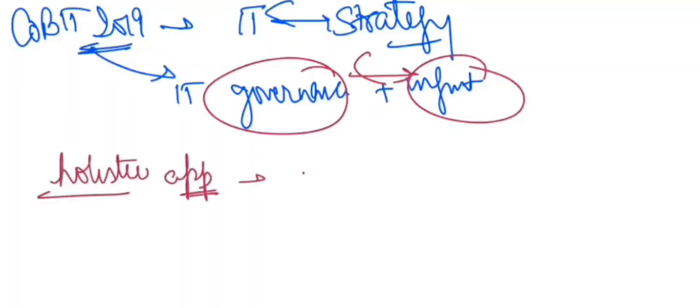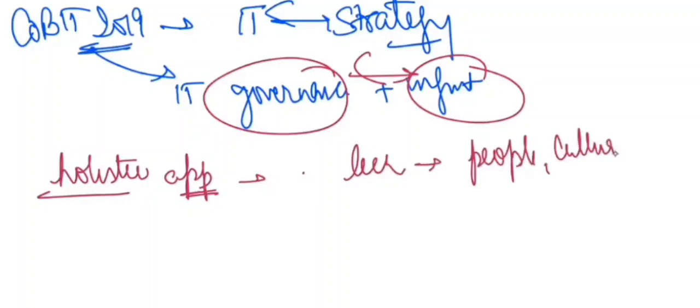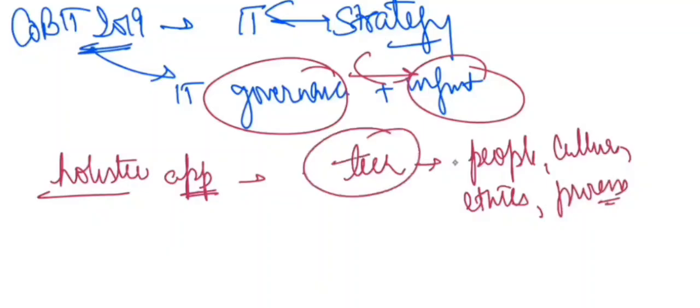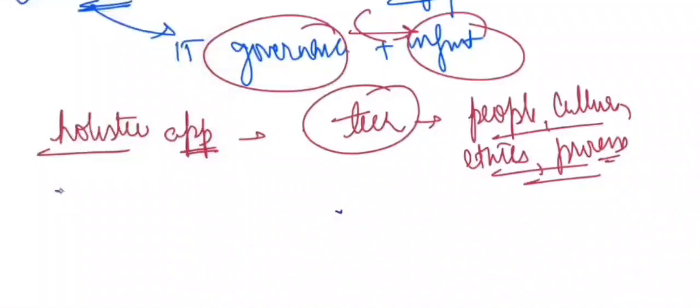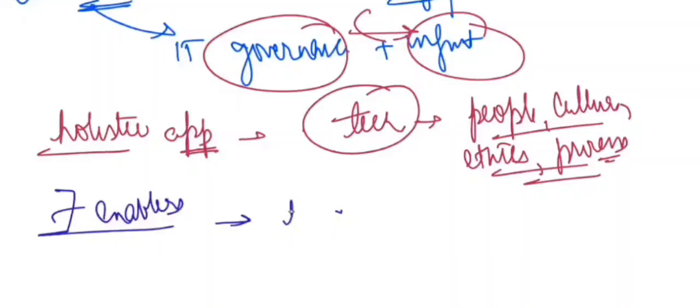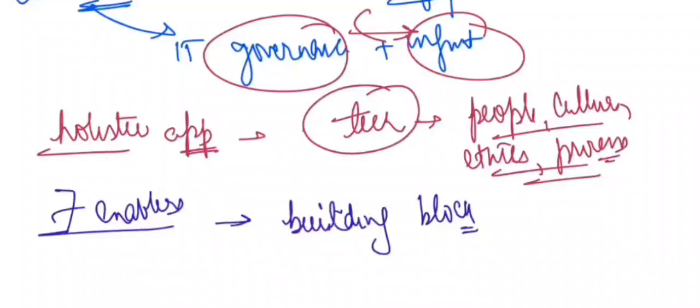Which means don't just focus on technology. You need to include people, culture, ethics, processes, etc. And then there are 7 enablers, which are like building blocks: culture, ethics, organization structure, process, information, service.